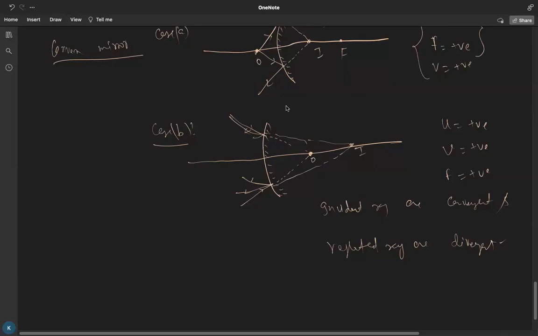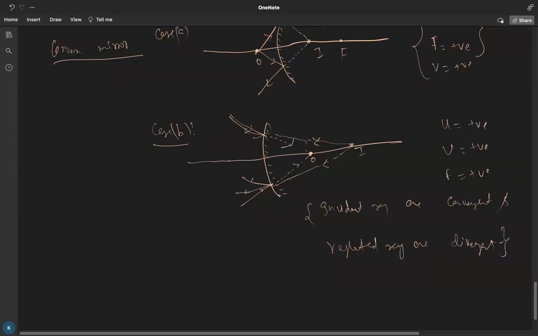So both the object and image lie in the direction of the incident ray, which is the rightward direction. So I'm going to take U, V, and F all as positive. One more thing we notice here is that the incident rays are convergent, and the reflected rays are divergent. This is what we conclude.